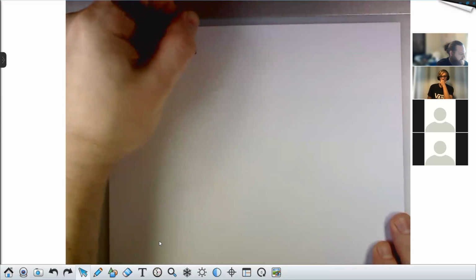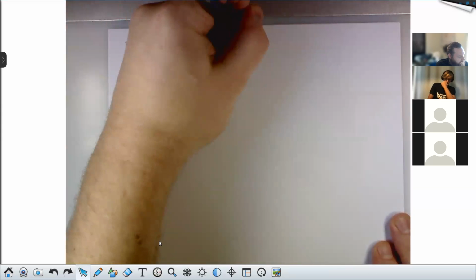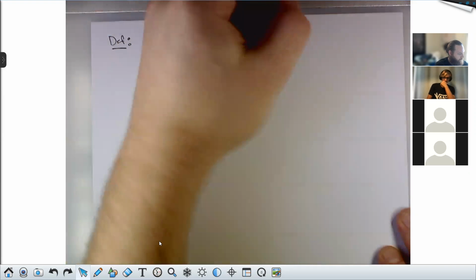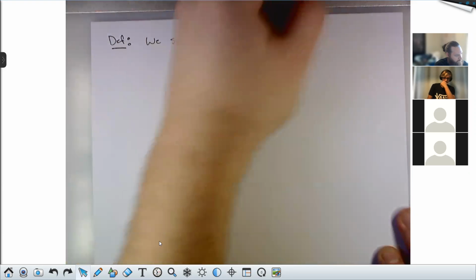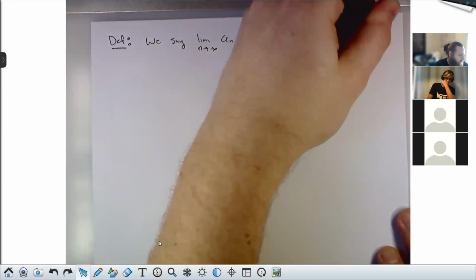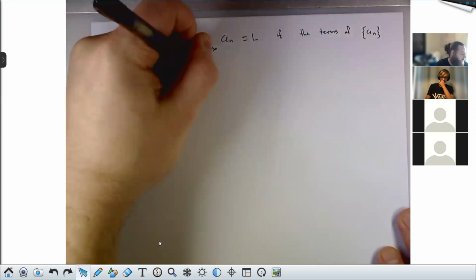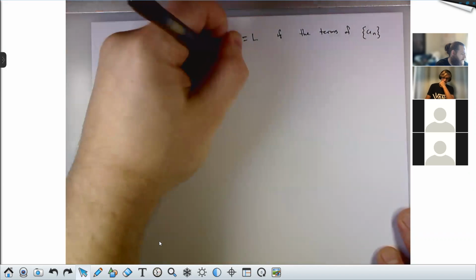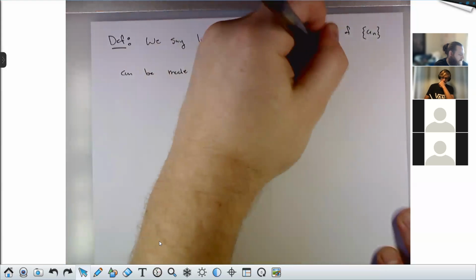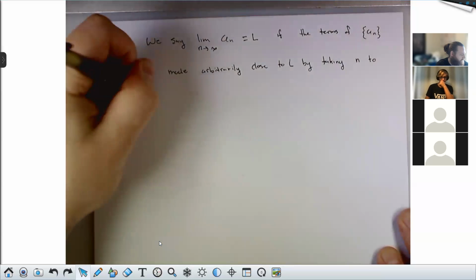We say that the limit as n goes to infinity of an is equal to some number, call it L, if the terms of the sequence an can be made arbitrarily close to L by taking n to be sufficiently large.